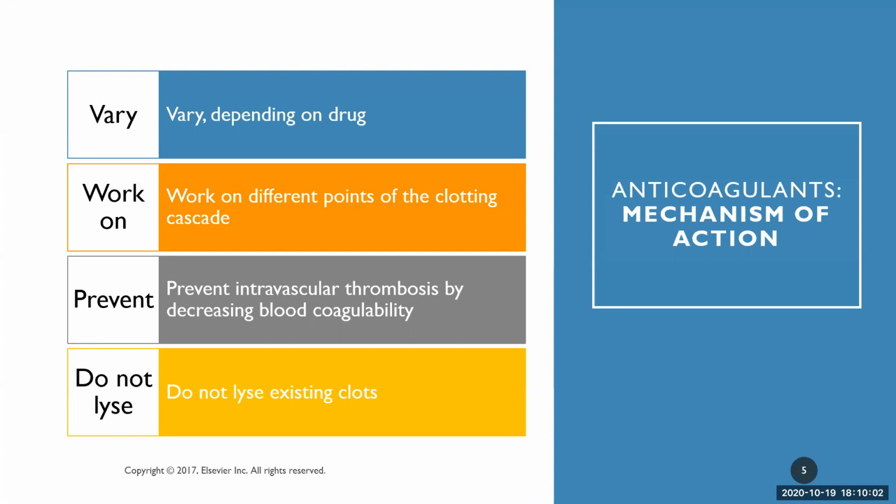I'm not going to expect that you know exactly where in the clotting cascade they work, but I want you to understand whether they have a broad work on the cascade or a narrow focus on the cascade, because it makes a difference. The more narrow focused that drug is, the more reliable it is, the less side effects it'll have, the less chance of bleeding that we'll have, and the less we need to monitor.